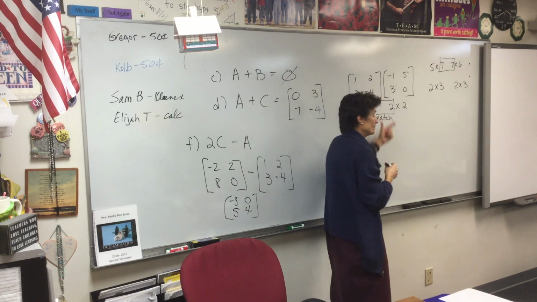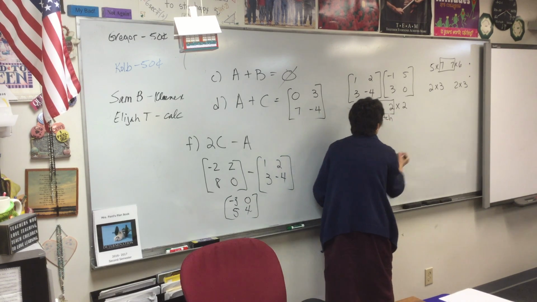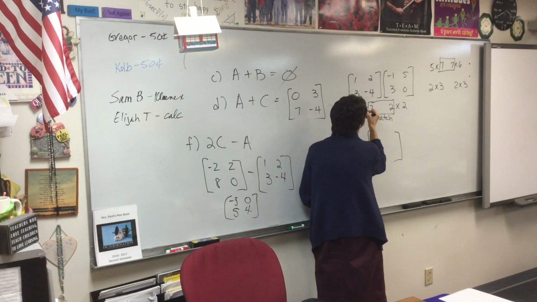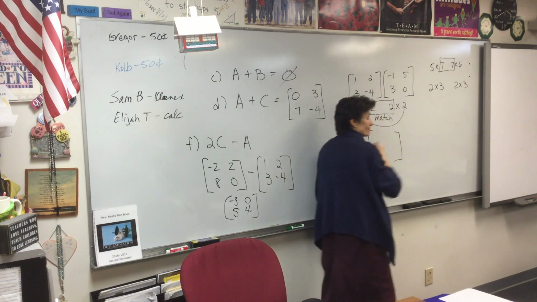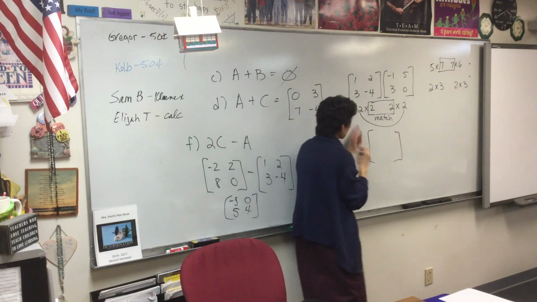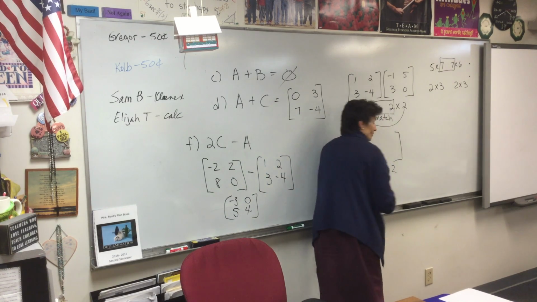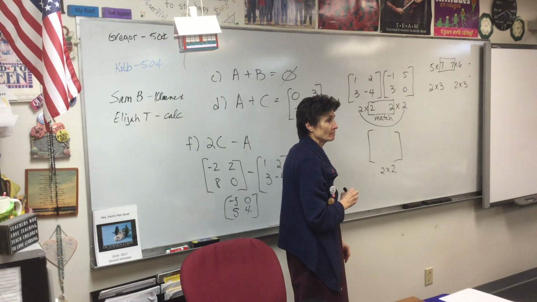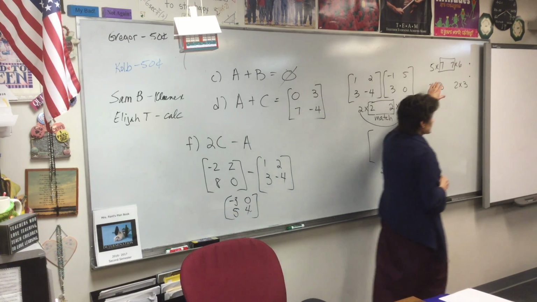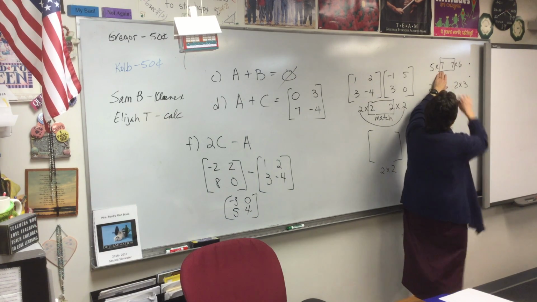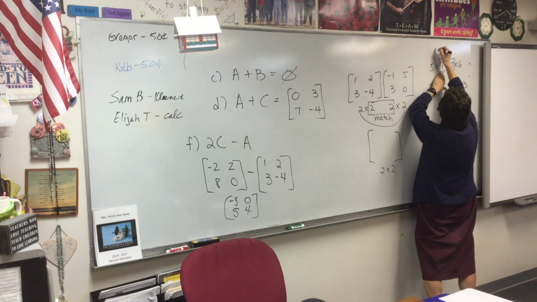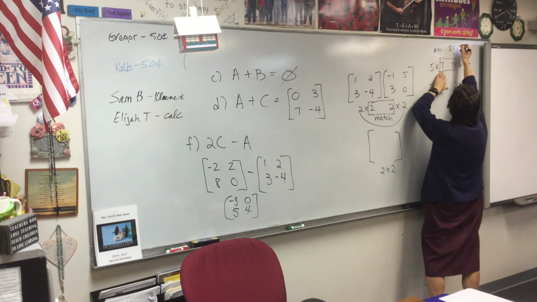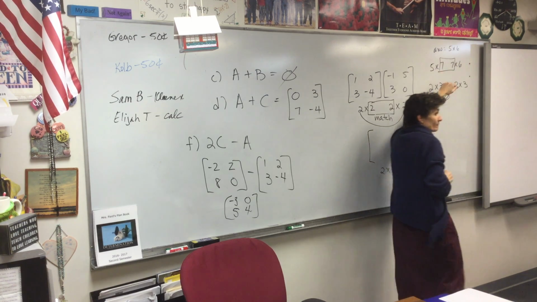Step 2, your answer is going to be this size. So my answer is going to be another 2 by 2. Up here in this example, my answer would be a 5 by 6. This one has no solution.